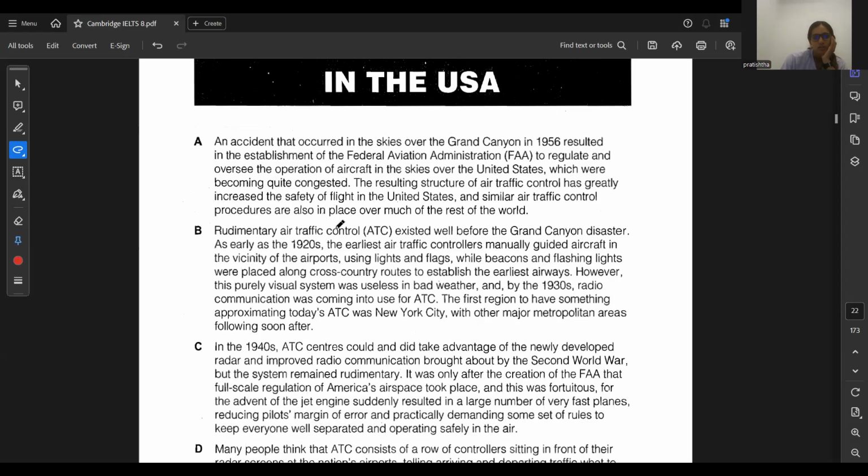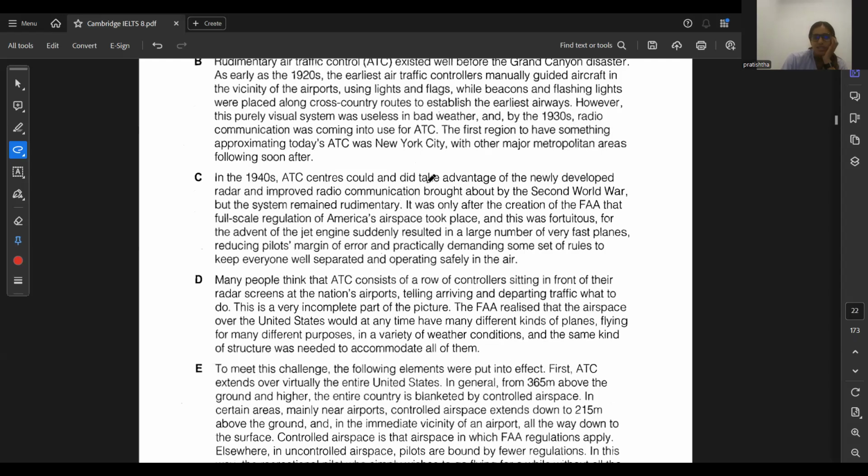Air traffic control. Okay. In the 1940s, ATC centers could and did take advantage of newly developed radar and improved radio communication. It was only after the creation of the FAA that full-scale regulation of America's airspace took place. And this was fortuitous, for the advent of jet engines suddenly resulted in a large number of very fast planes, reducing pilots' margin of error and practically demanding some set rules to keep everyone well separated and operating safely in the air.